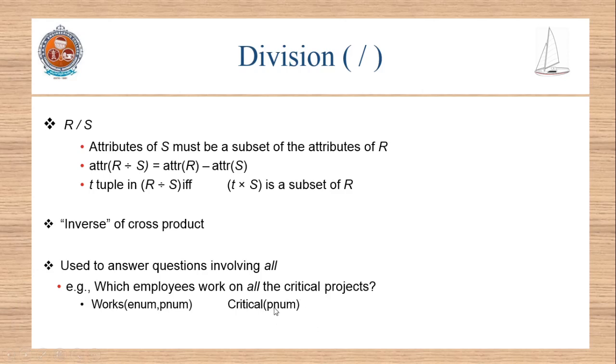And what is the condition we have said? When we want to perform the division operation on two relations, the attributes of the relation on the right side must be a subset of the attributes of the left side relation. Here pnum is a subset of enum and pnum, which are the attribute set of the works relation.